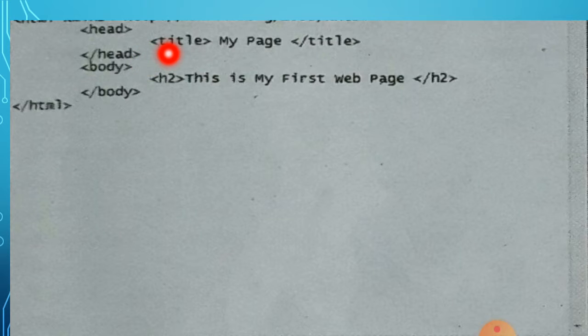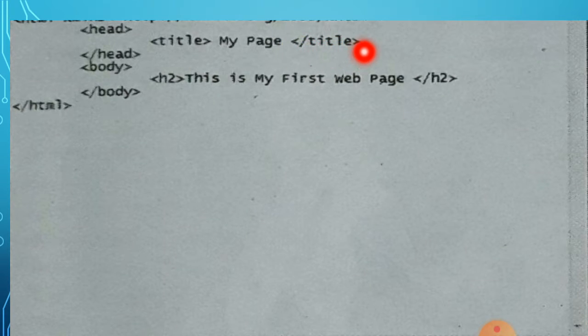Next, within title, we are giving a title to our program, that is, My Page, and we are closing the title. Closing tags follow the slash: open brace, slash title, then close brace. Title is an element of HTML.